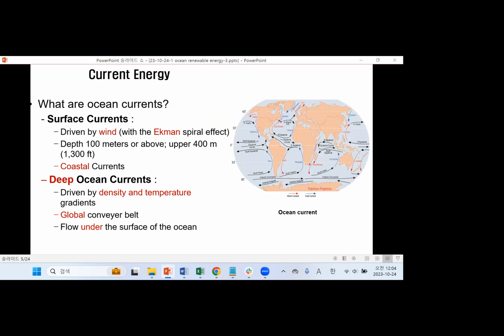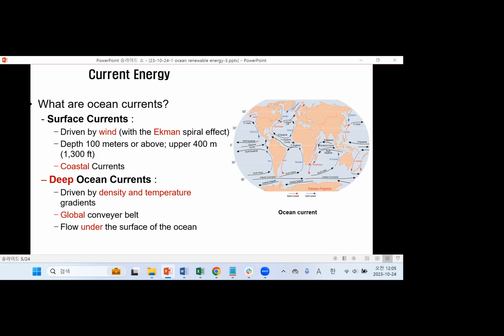And current energy: there is a surface current and there is a deep ocean current. Usually we are talking about surface current with the Ekman spiral effect, and depth is about 100 meters, up to, depending on the wave size, and also coastal currents belong to this. Deep ocean current comes from density and temperature differences in deep water.